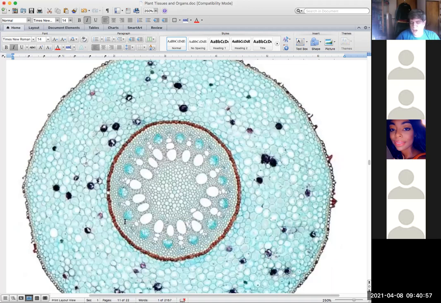Now this dark ring towards the center, this is the endodermis. And then we have this ring of cells inside the endodermis. This is the pericycle.